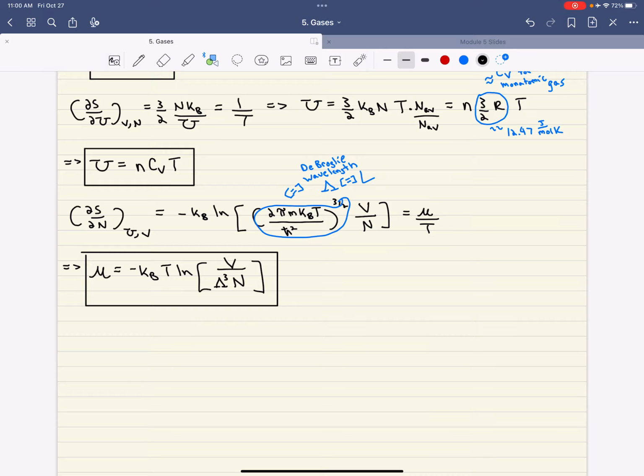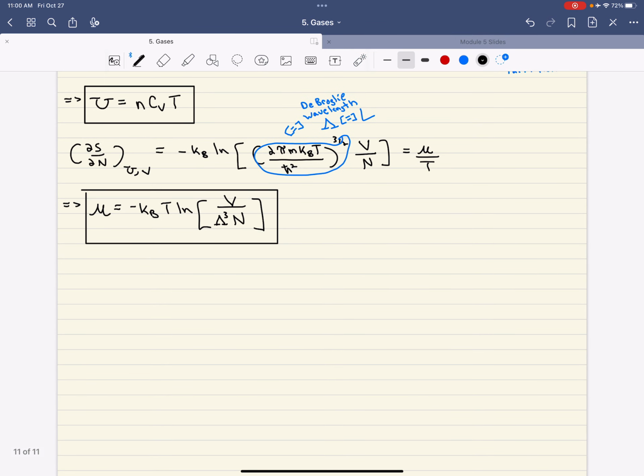One thing I'll note: we have two different length scales we're comparing here, the volume of our system divided by N, and this de Broglie wavelength cubed. If V over N is much smaller than lambda cubed, you'll get a very tiny number in the ln.